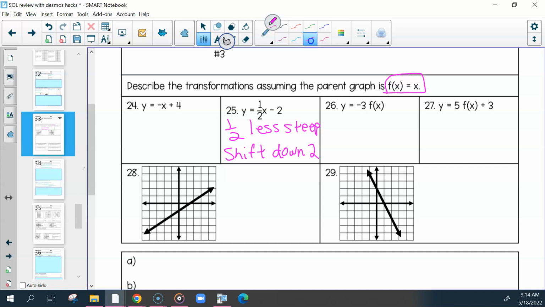So the 5 compared to 1, would this be steeper or less steep? 5 times steeper. The other one is just a random function, kind of like ignore it. The slope is 1 for the original. And then for the plus 3, would that shift up or down?